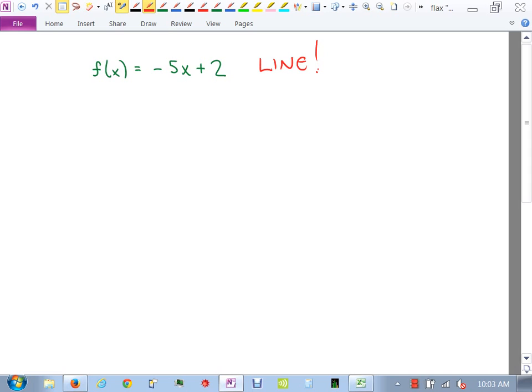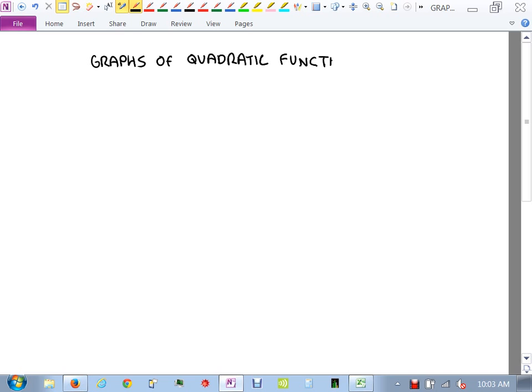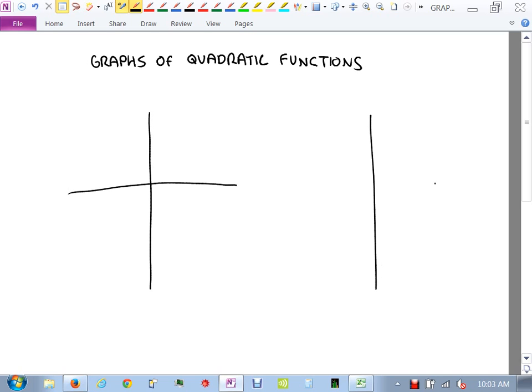All right, now that we have a very general idea of what the functions look like when you write them out explicitly, let's talk about what the graphs of these look like. Graphs of quadratic functions. Okay, all quadratic functions have to look like one of the two pictures I'm about to draw. So I'm going to draw side by side.